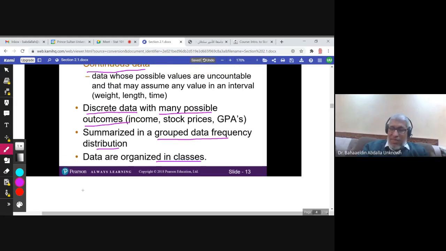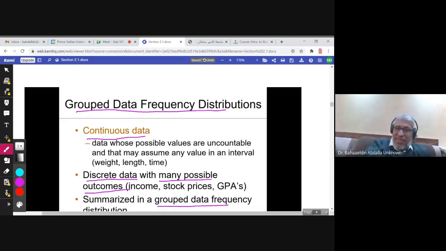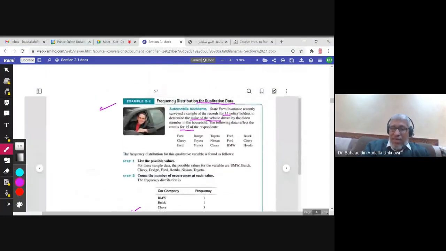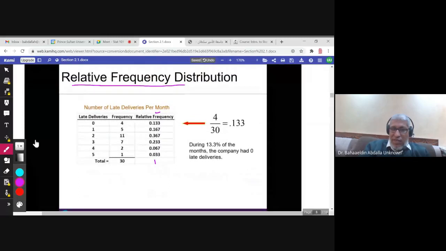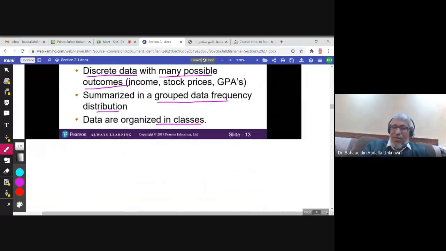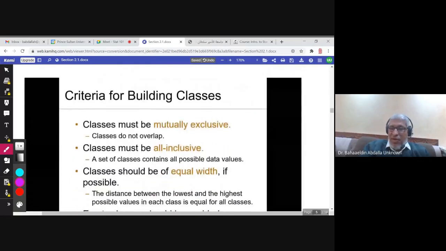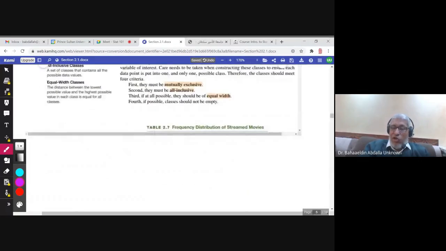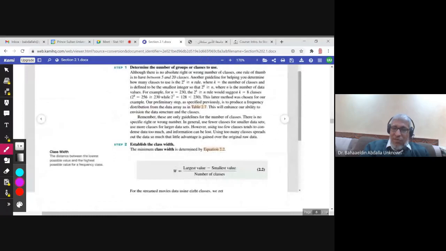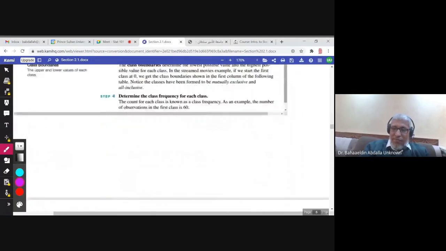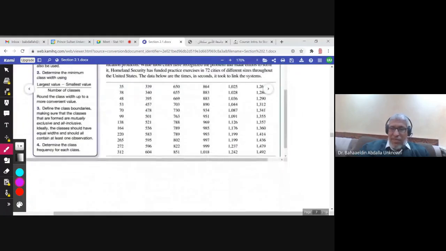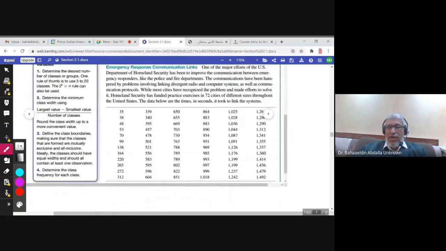So this is the difference between what we did in discrete data and continuous data. There, each number is a category. Look here, each number is a category. Now we have a lot of numbers, so we cannot put each number in a category. We have to group them in classes. Let me give you an example. For example, this data here. What do we have here?